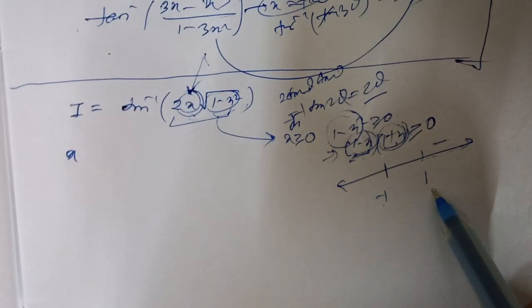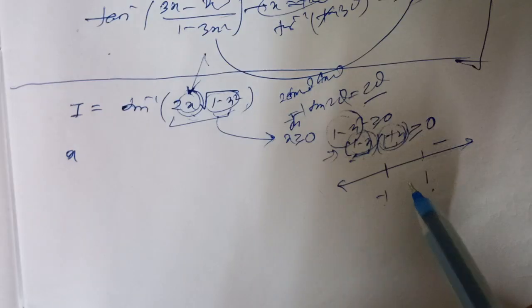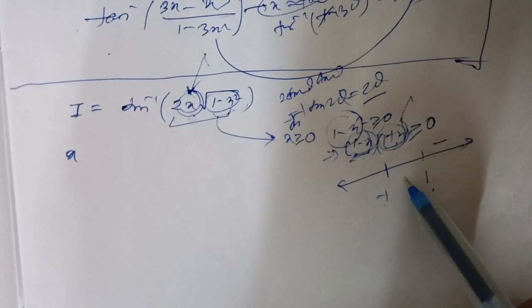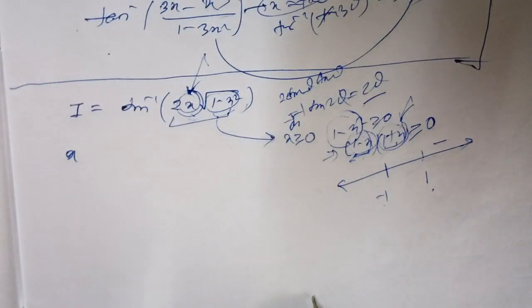Between negative 1 and 1, if you clearly see, this thing is going to be negative, or is it going to be negative?